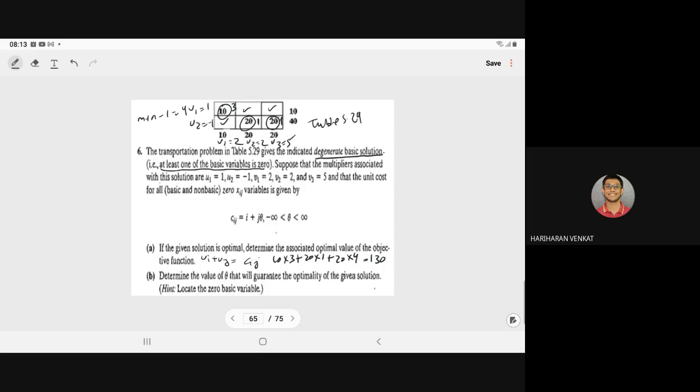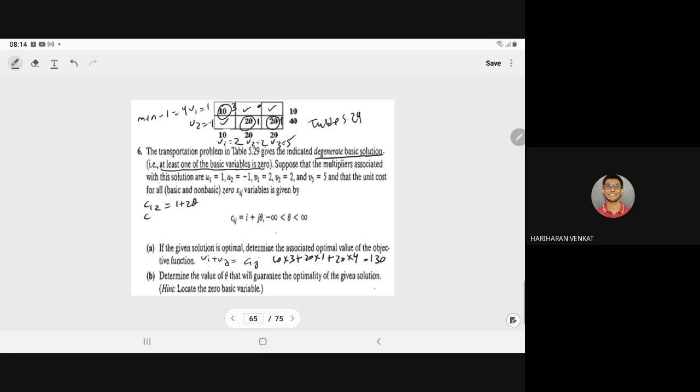Now, for the non-basic variables, they are saying that cij is equal to i plus j theta. So in this case C12, this place, is equal to 1 plus 2 theta.